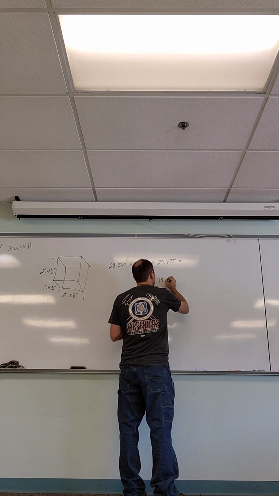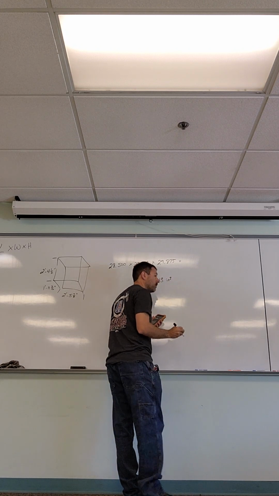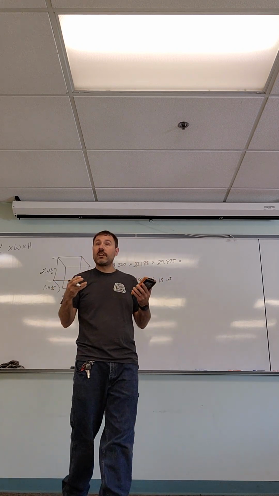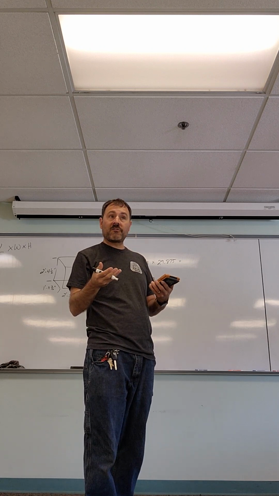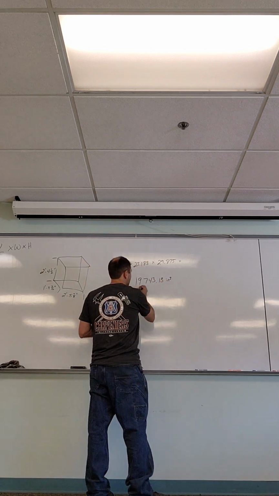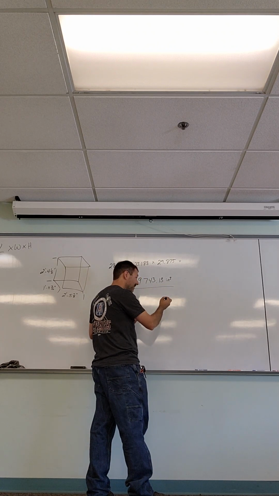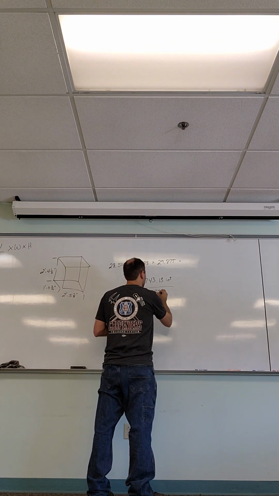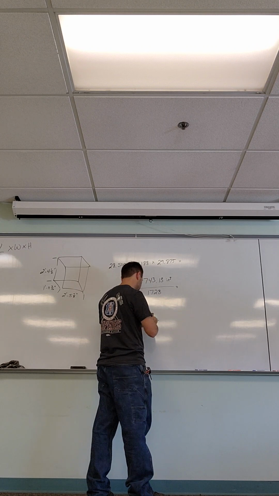Correct, cubic inches. We know anytime that we have those cubic inches, we need to convert it back over to cubic feet to get an estimate on our weight. So we're going to divide that by what? 1728. So we divide by 1728.